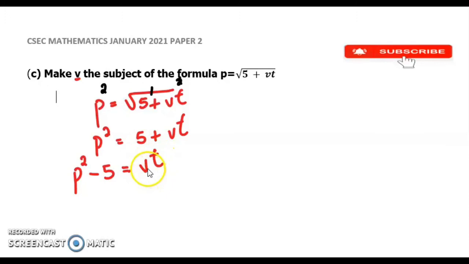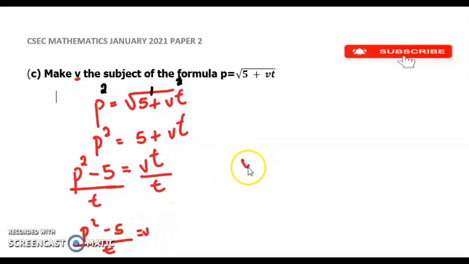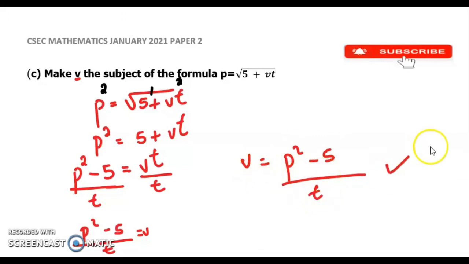To get rid of the t and have v by itself, I'm going to divide by t on both sides. So now I have p squared minus 5 over t equal to v. So it's the same thing as v is equal to p squared minus 5 divided by t. And this would be your answer for making v the subject.